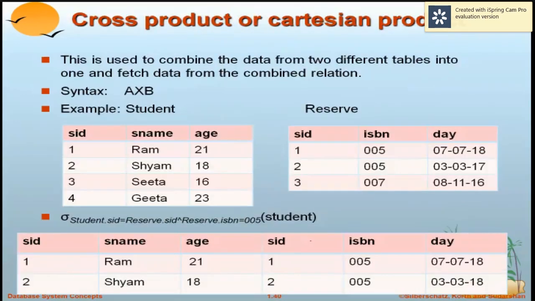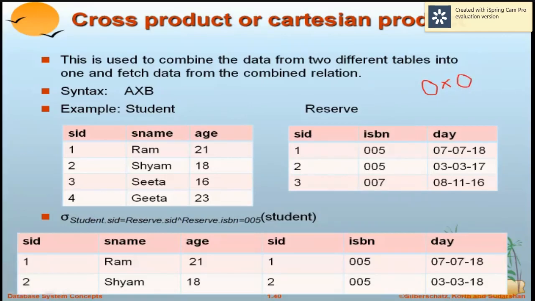Next one is cross product. So how is this cross product going to work on the relations or tables? Let's see. One thing is clear: when you want to apply a multiplication, if you want to take a cross product of elements, you need to have two relations or two elements.